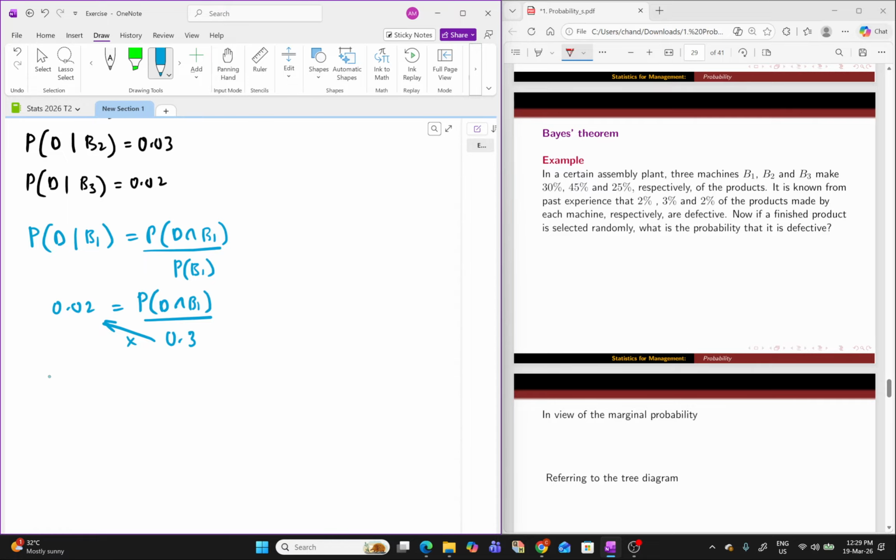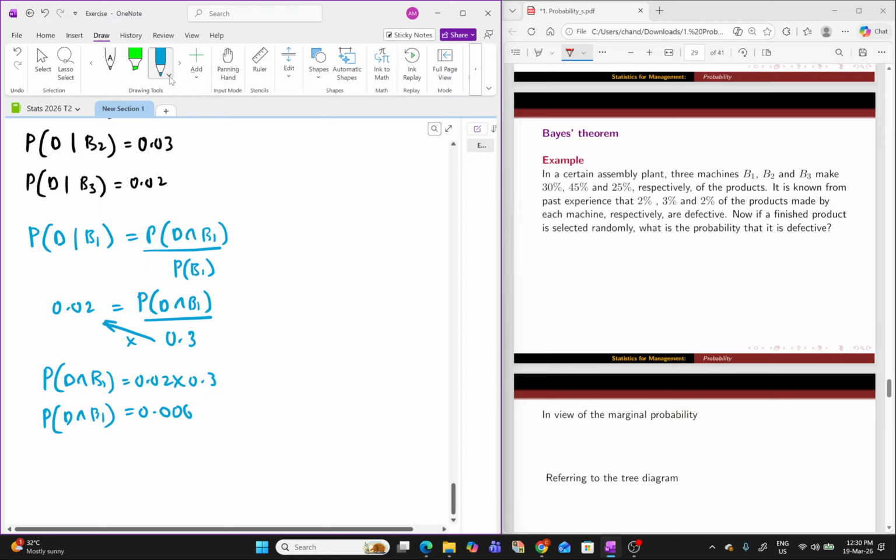So if you multiply, you will get 0.06. So you manage to find this one.